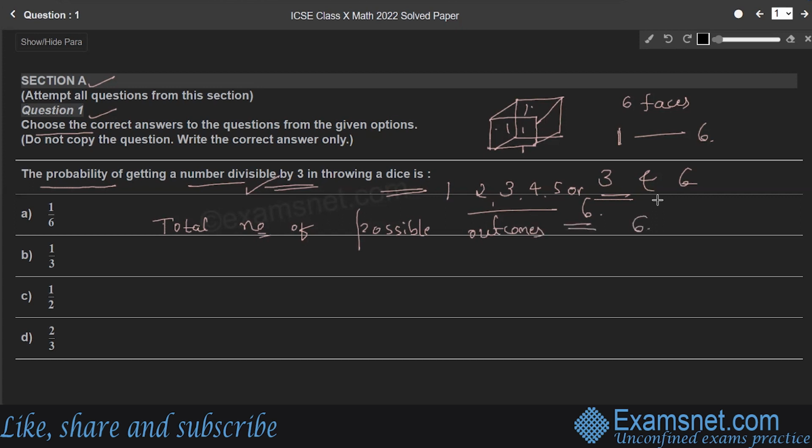Favorable outcomes are nothing but numbers which are divisible by 3. So number of favorable outcomes is equal to 2, which are 3 and 6.